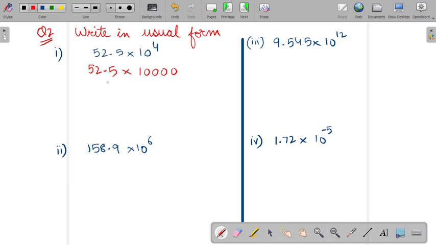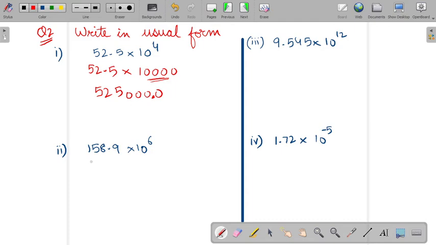Now to write its answer, 525, then 1, 2, 3, 4, and here you will put the decimal. I think you know the concept of multiplication. So 4 zeros you will put, and after one decimal there is a digit, so you will put the decimal here.